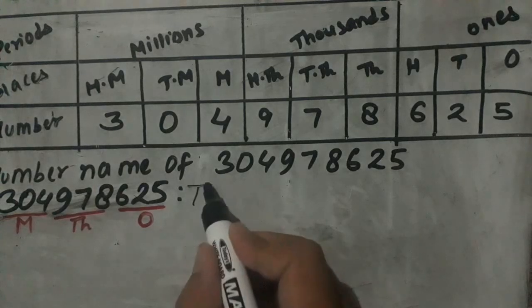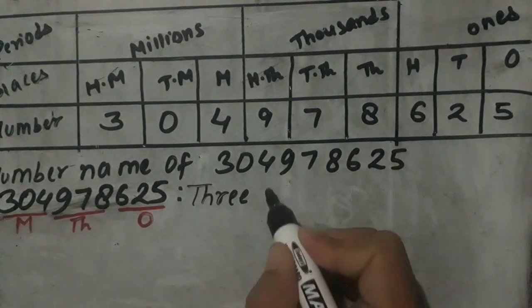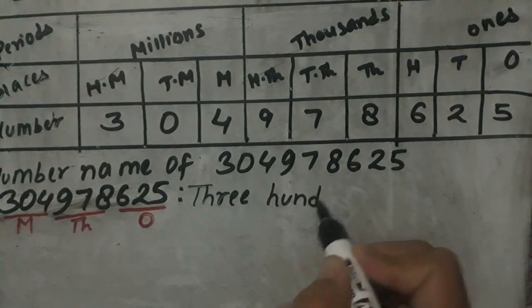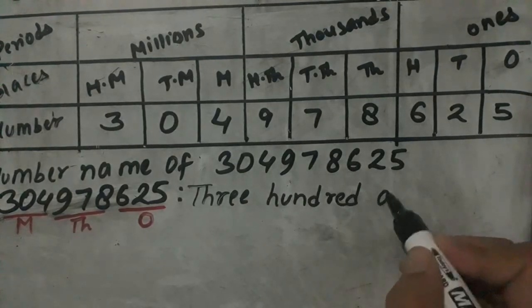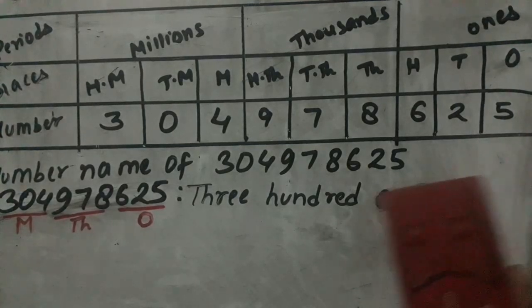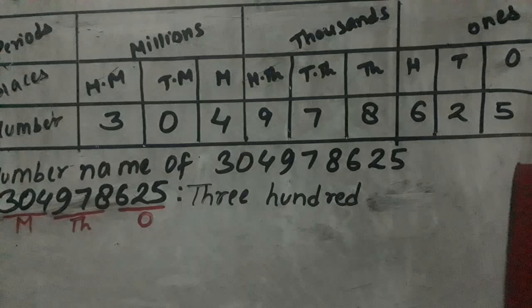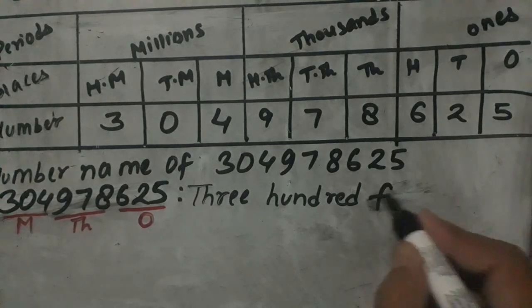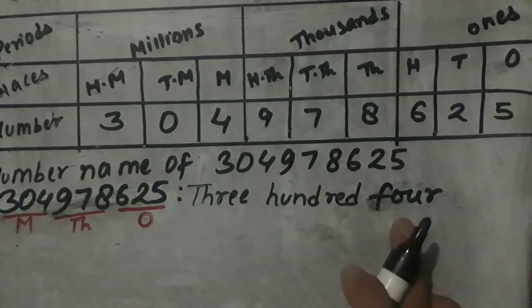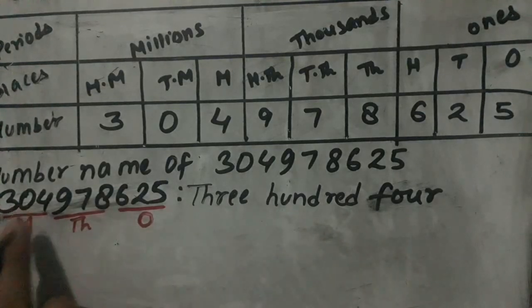So let's write 304. Three hundred, and, let's not write and, let's write three hundred four only. Now students, 304 means three hundred four. Now to which period does it belong?